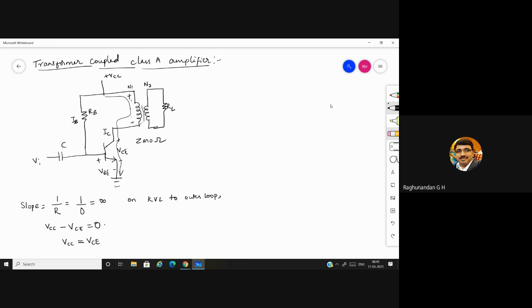While plotting the DC load line, what do we usually do? What are the basic steps we consider to plot the DC load line? We have done it already.